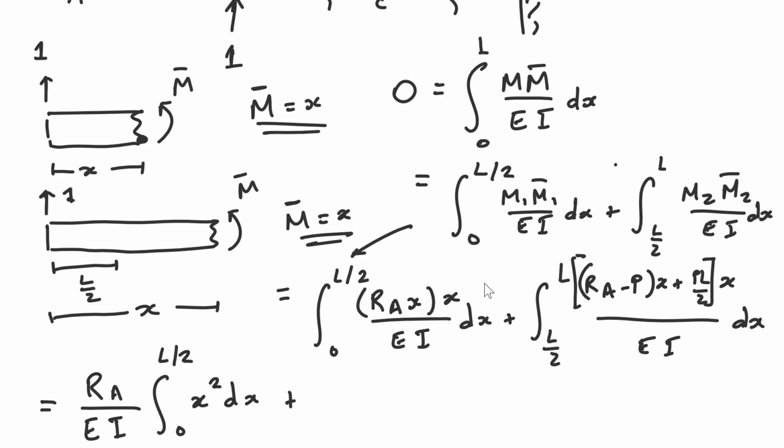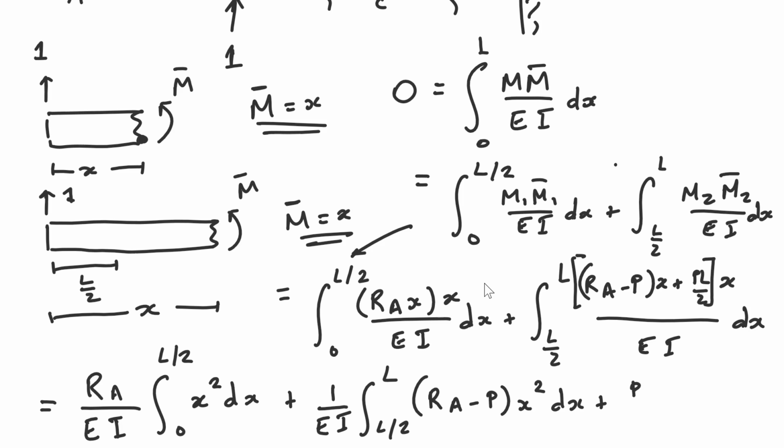And now here I'm going to break this up into two integrals. One of them is going to be 1 over EI, integral from L over 2 to L of RA minus P times x squared dx, plus PL over 2EI.